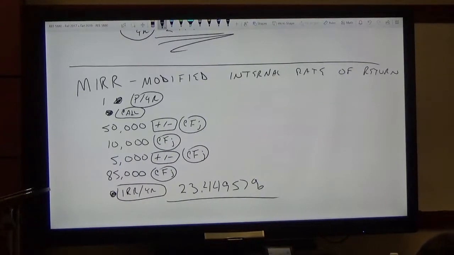One of the ways you can deal with this is through something called the modified internal rate of return. There's a function in Excel, equals MIRR. If we click on this just to show you, the internal rate of return function is just the internal rate of return and then the reference to those cells.